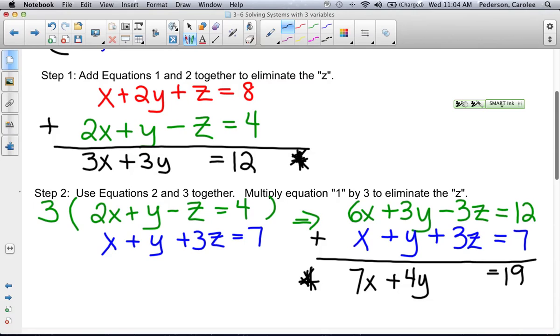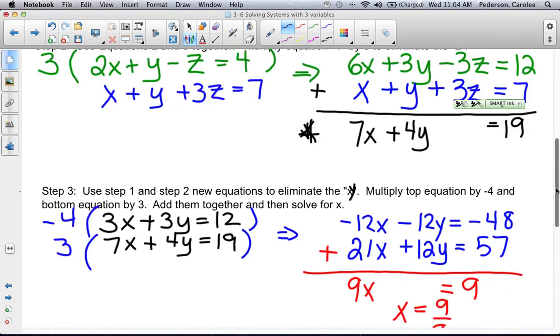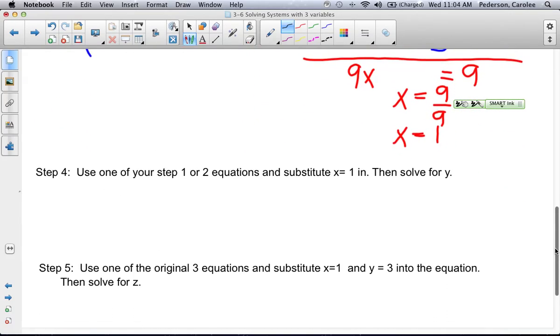I'm just going to choose this one. So I'm going to rewrite that using step 1. 3x plus 3y equals 12. And we're going to substitute that x equals 1 into the equation.